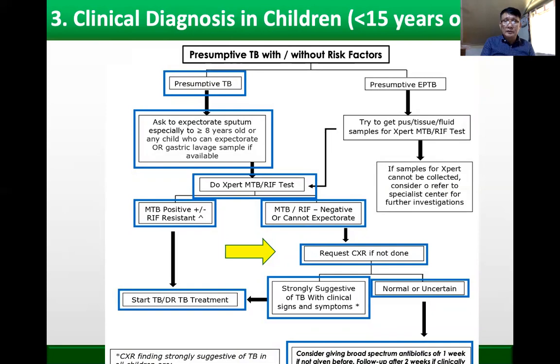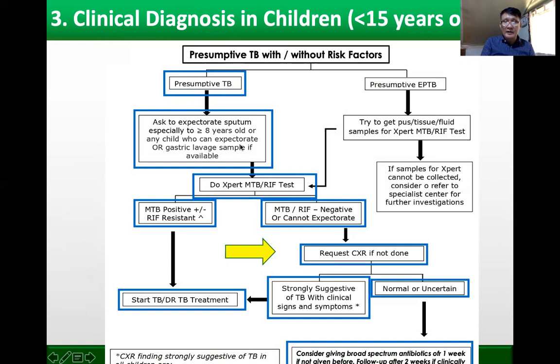The next thing to do after identifying the child as a presumptive TB is to ask the child to expectorate sputum, especially those equal to or more than 8 years old, or any child who can expectorate, or obtain a gastric lavage sample if available.